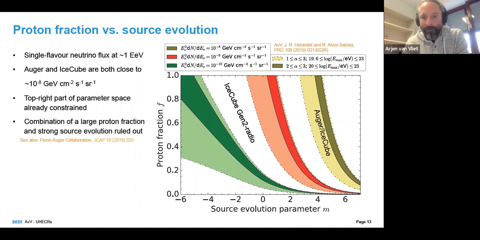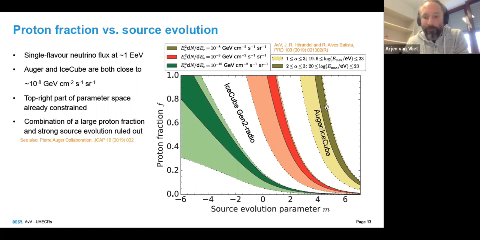All the other parameters only play a minor role in determining the value of the neutrino flux. So what this plot shows is that if you have a neutrino flux of this level, 10 to the minus 8 in these units, then you expect to be somewhere in this range in the combined parameter space of source evolution and proton fraction.